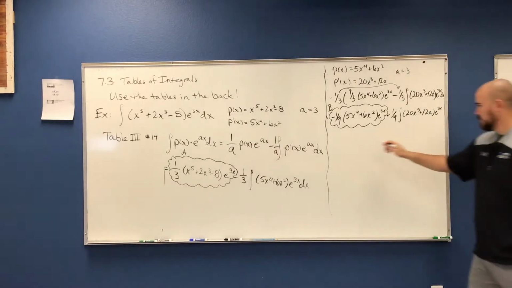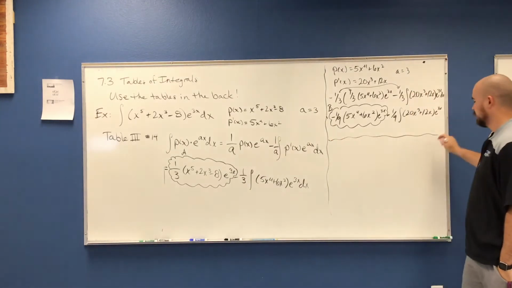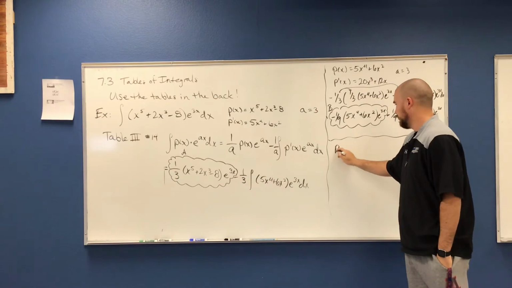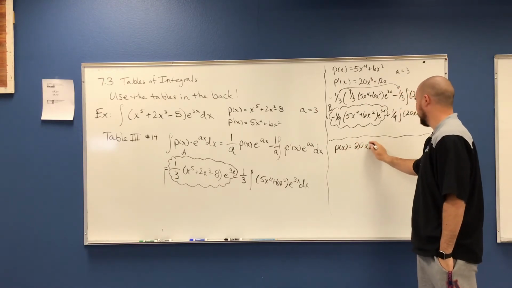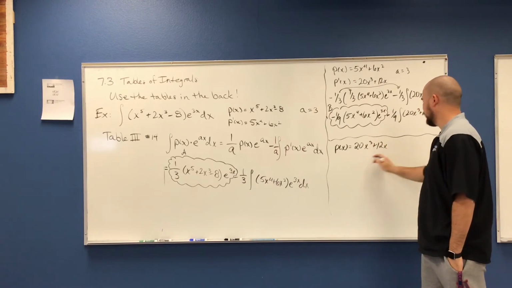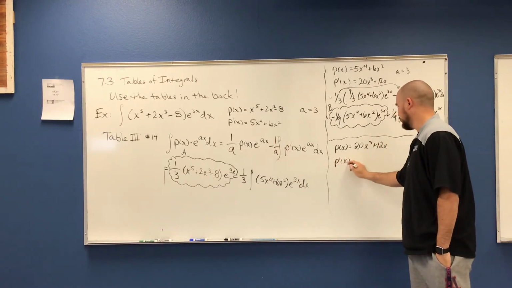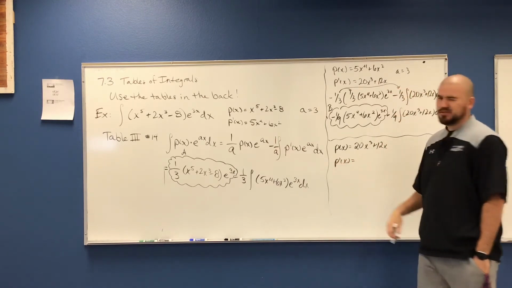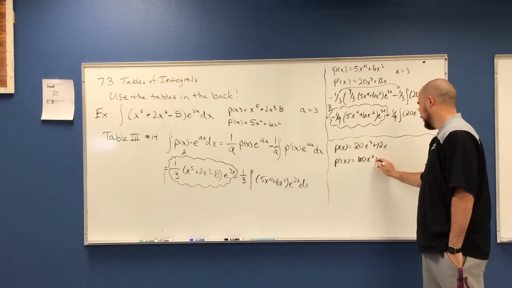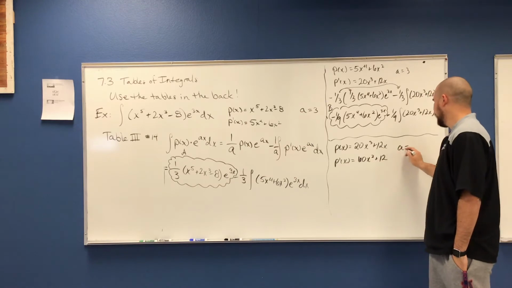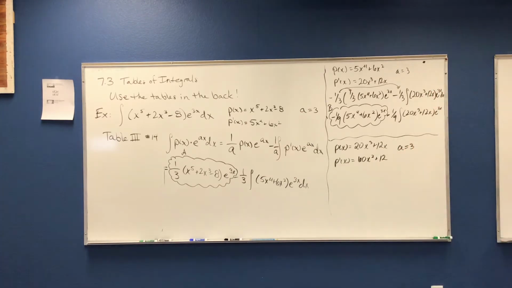So we'll do that one here. We have p of x. Let's have that be 20x to the 3rd plus 12x. Therefore, p prime of x can equal 20 times 3, that's 60, x squared plus 12, and a will still continue to equal 3.